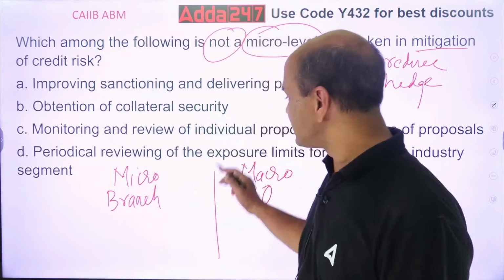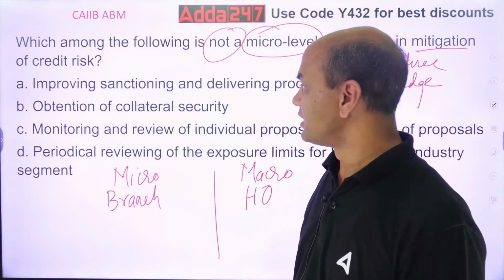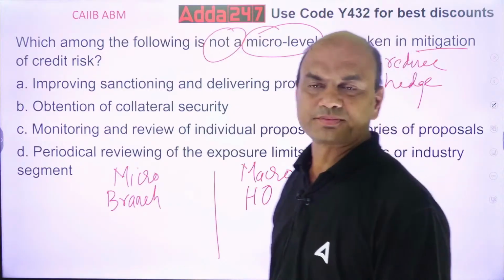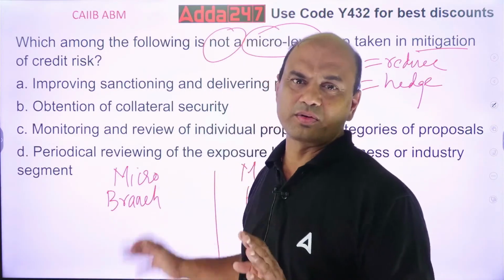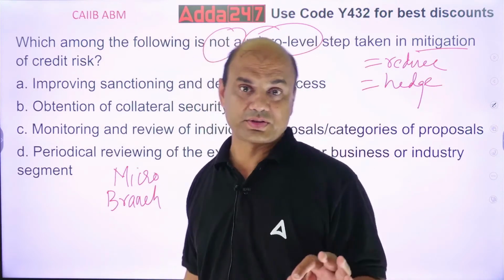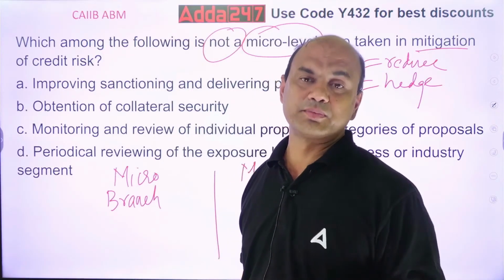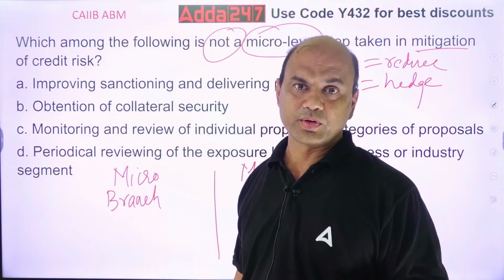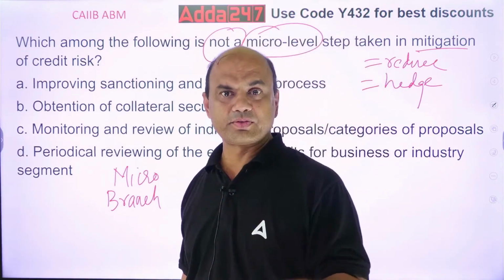So, at branch level, what do we do for reducing the risk? Number 1, we'll take a collateral. We'll do proper analysis of the loans. We'll do the management analysis. We'll check the persons behind the company. And legal documentation. All these 3 parts we'll be doing.